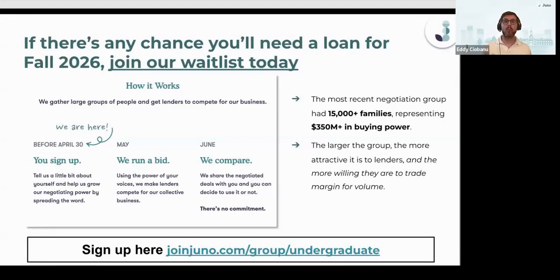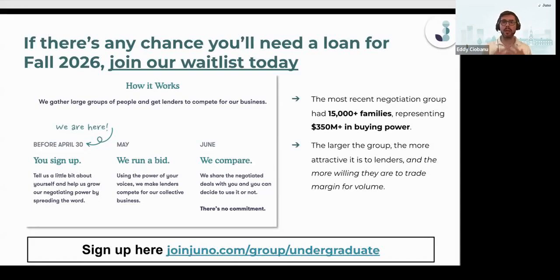What we're doing now at this point is building the negotiation group as large as we can so that we have more leverage when we go to different banks and lenders and say, hey, we have now, let's say 20,000 families in our group negotiation. What rates are you able to offer to the Juno members?